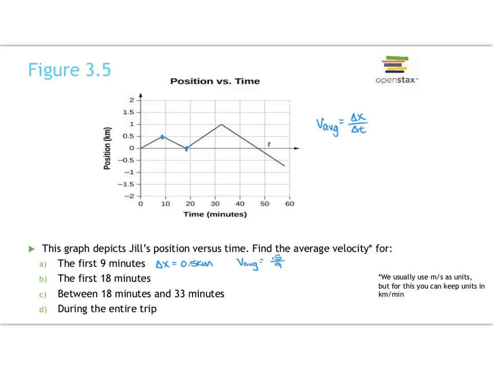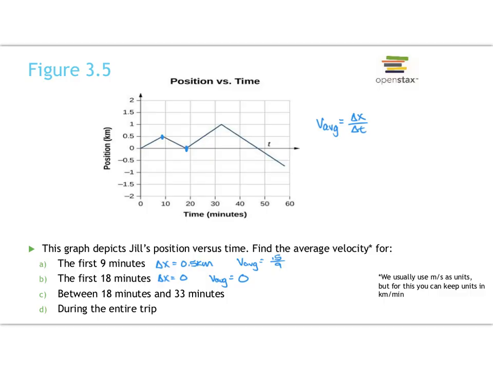After 18 minutes, she actually gets back home, so her position is 0. So our displacement for the first 18 minutes ends up to be 0, which makes our average velocity 0 as well.